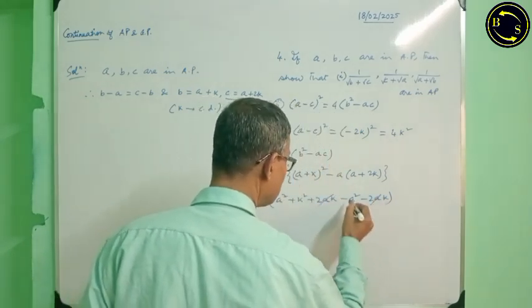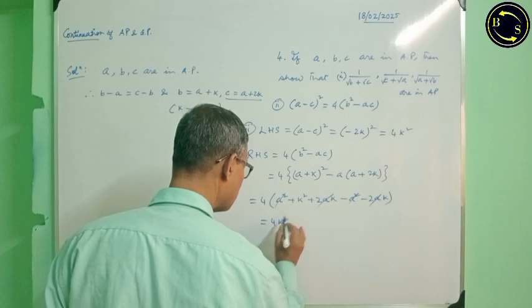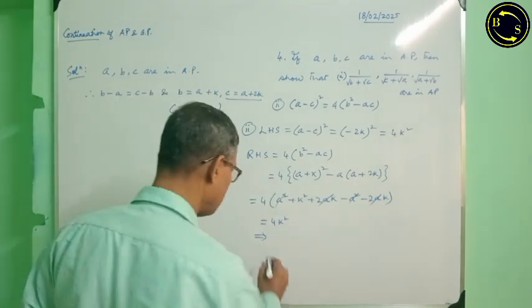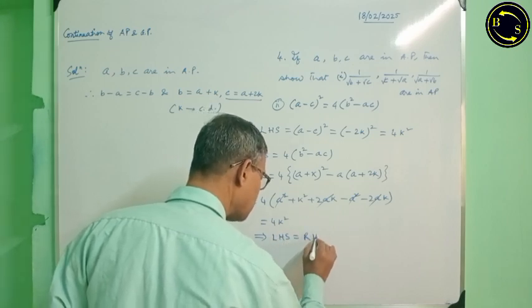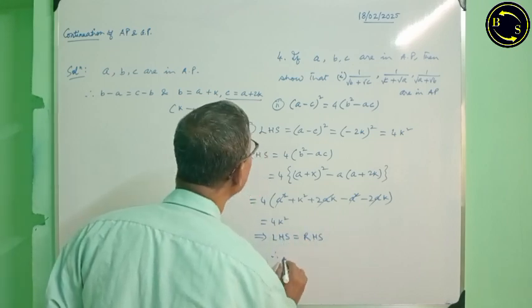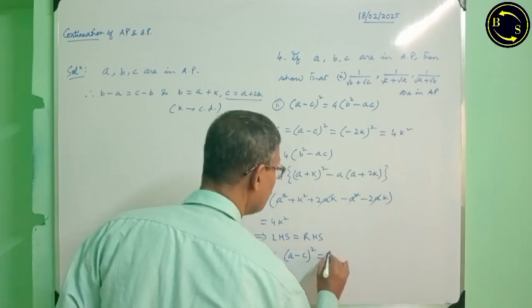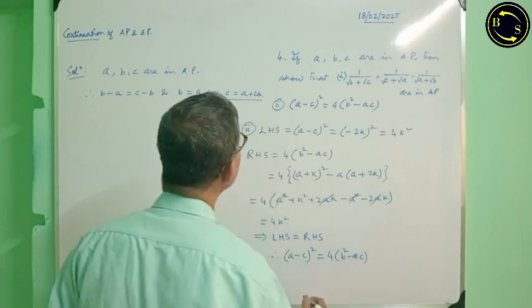Now these are cancelled, equal to 4K square. We get both 4K square, therefore LHS equal to RHS. Therefore A minus C whole square equals 4 into B square minus AC.